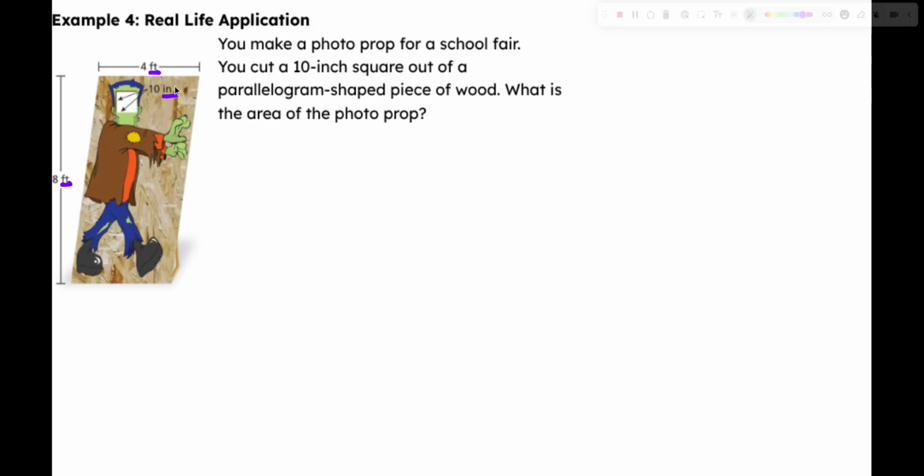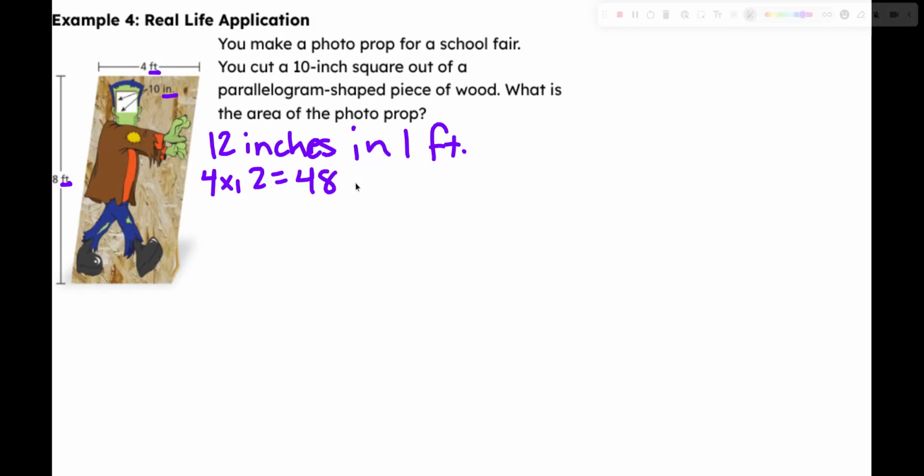There are 12 inches in 1 foot. So we're going to do 4 times 12 to get 48 inches up here, and then 8 times 12 is 96 inches over here.